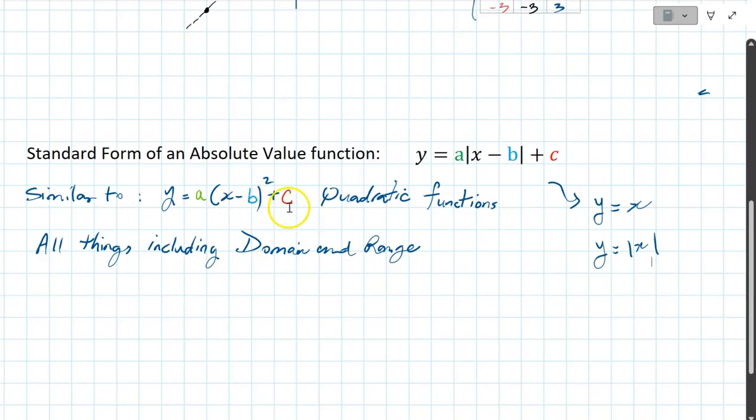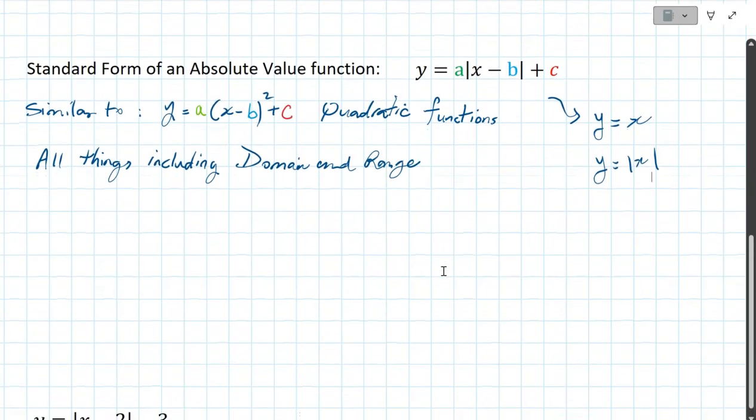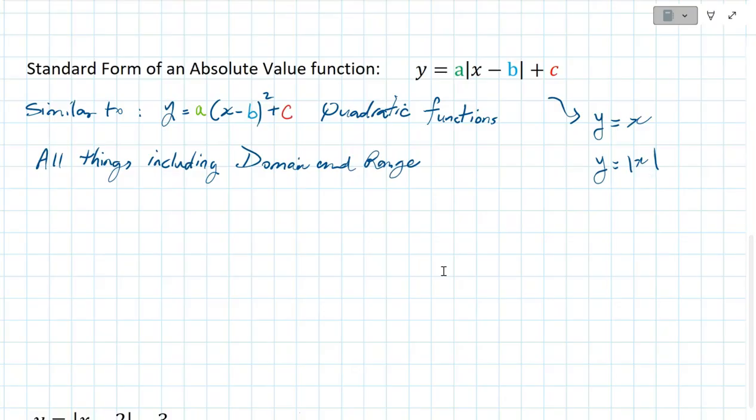It used to be called p and q, but for simplicity's sake, so that you can see it the same way here, I put a, b, c, where (b, c) is the vertex and a is the compression and expansion factor, the same as it was for quadratic functions. And of course, the domain and range we're going to talk about as well. So let's go ahead and write up what the a, b, c are, and then come back, and we're going to use the exact same terminology. So here are all the terminologies.